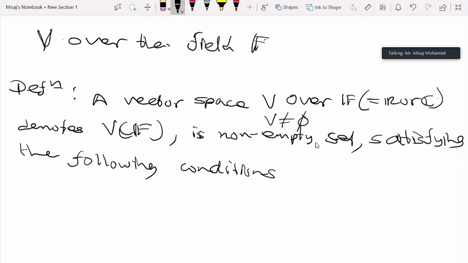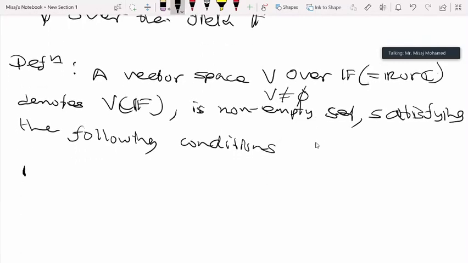So vector addition, first, in vector addition, two pair of elements, right?